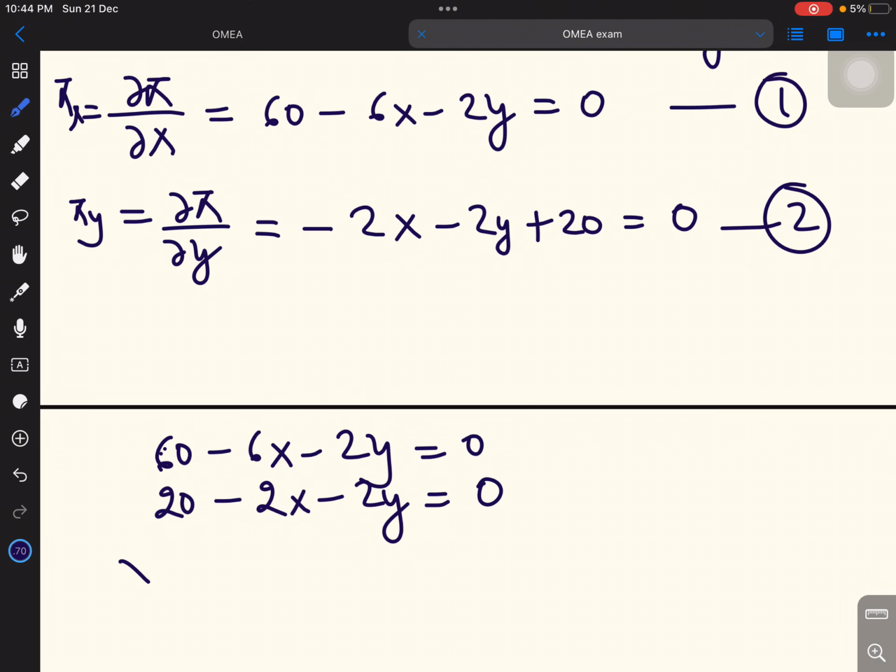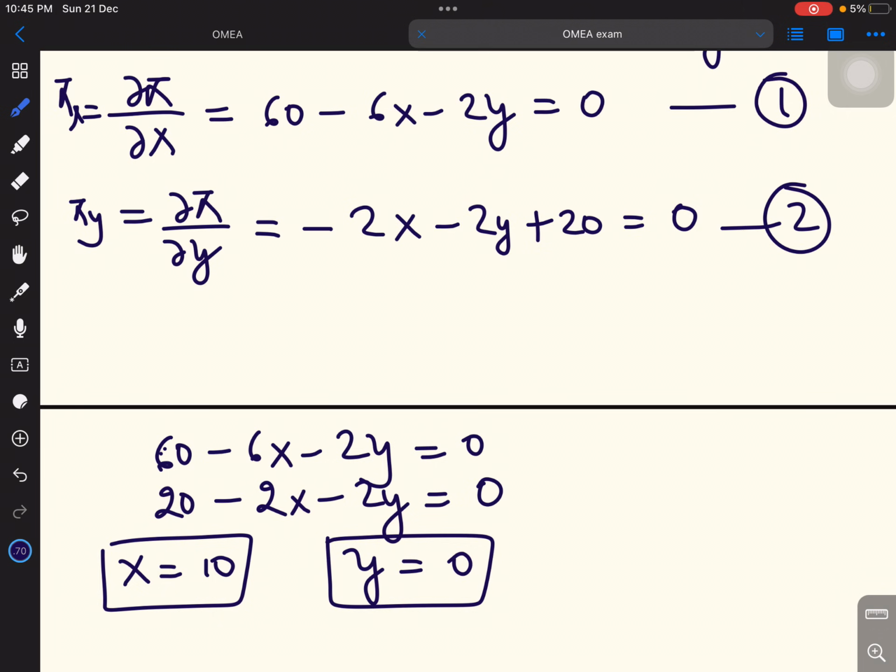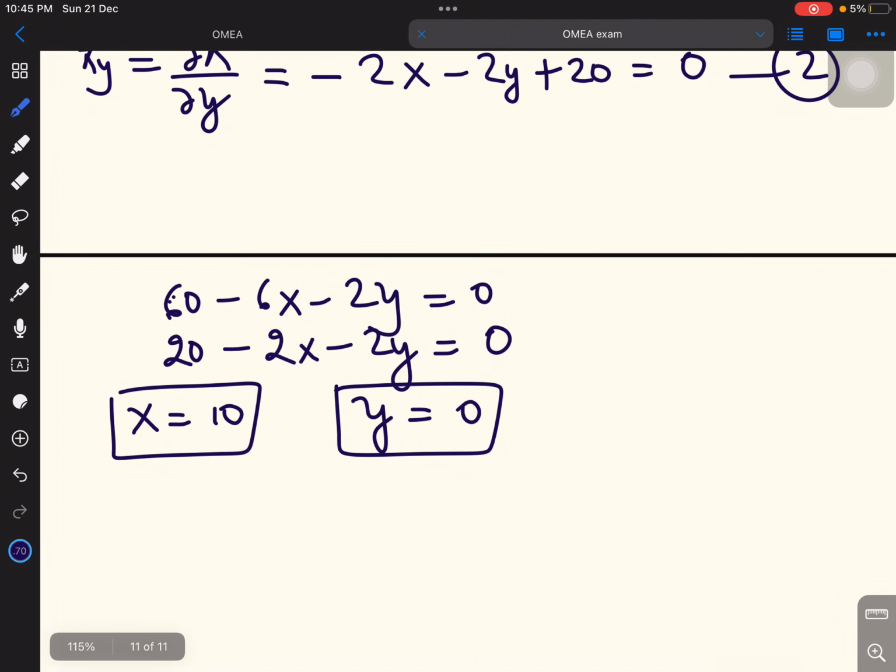So we get x is equal to 10 from here and y is equal to 0. So our stationary point is x comma y, which is 10 comma 0.